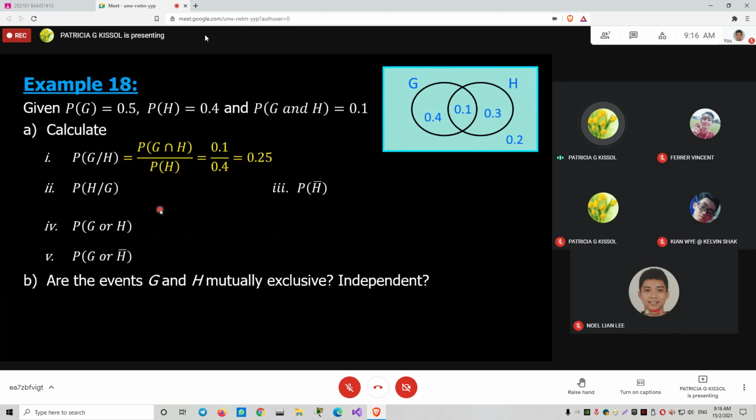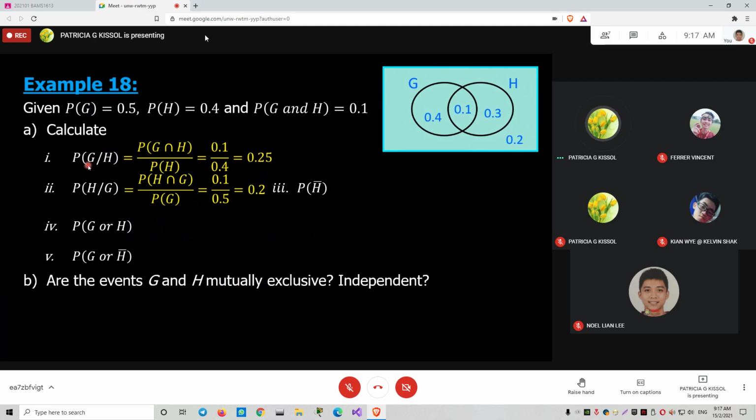I was thinking of what you write in terms of the formula. So the numerator should be H intersect G, because H first and then G. What should the denominator be? G. Yes, probability of G. So this is how we should write it.